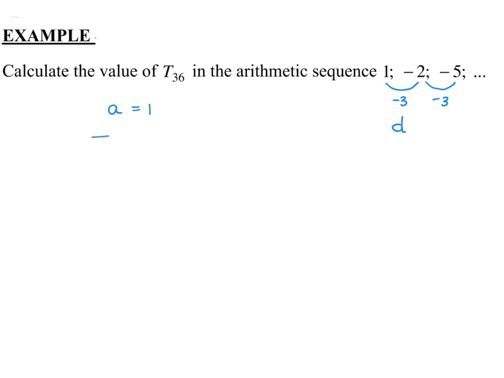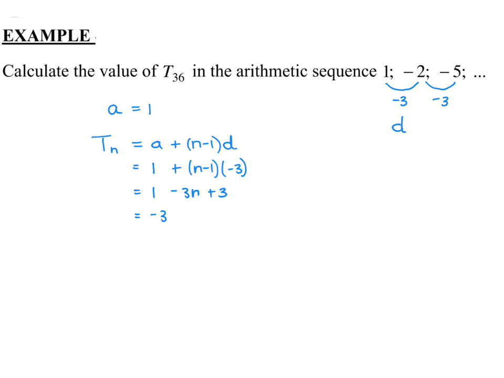We're first going to determine the general term of this sequence. You write the formula down, and then you substitute the values of A and D. Put D in brackets, minus 3, and multiply the brackets out: minus 3n plus 3, and simplify.